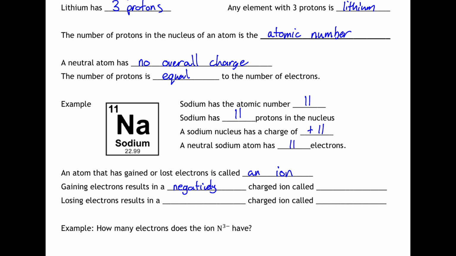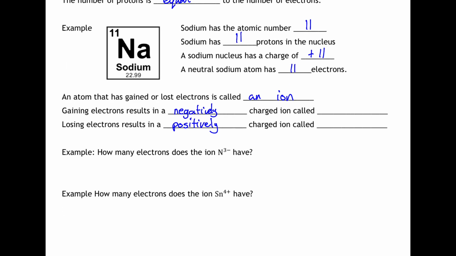And losing electrons will get you positively charged. We have a name for the negatively charged ions. What are they called? No, those are just electrons. What's the ion called when it's negative? It's called an anion. And you remember the positive one? It's a cation.